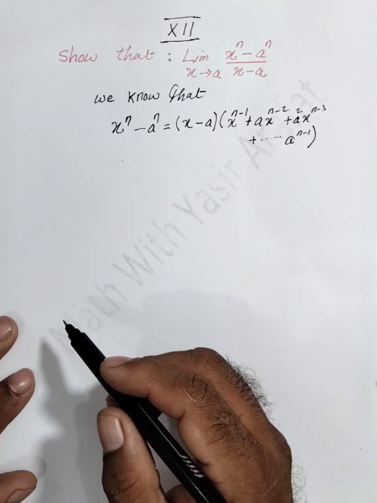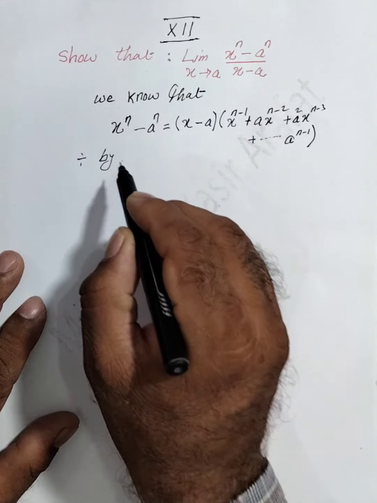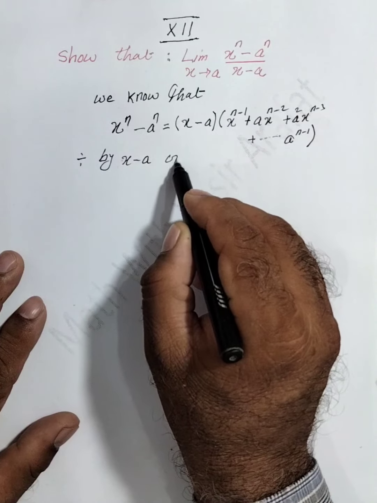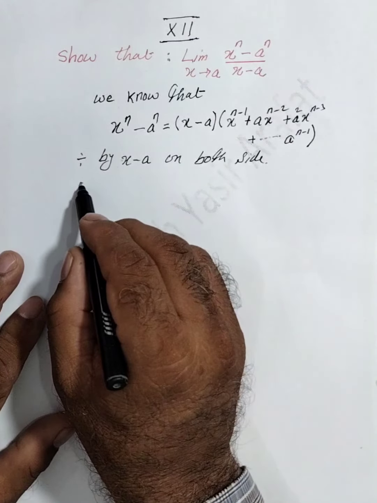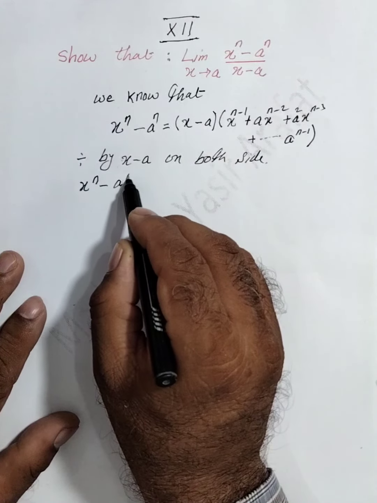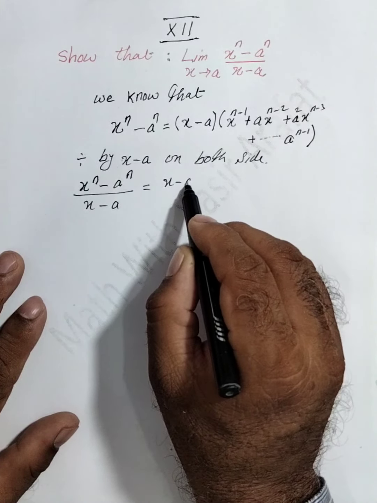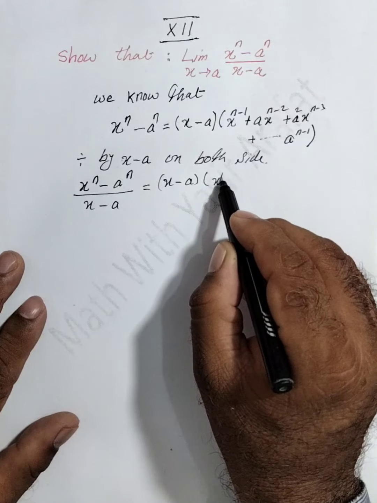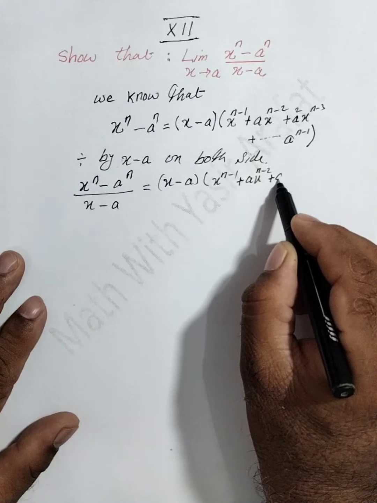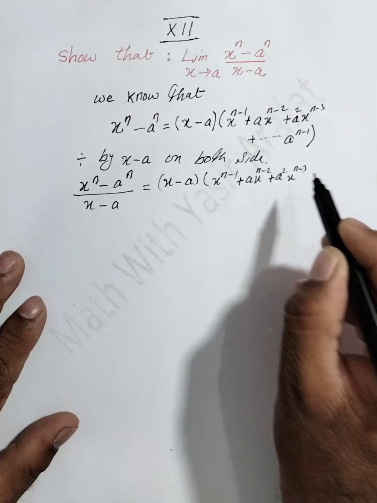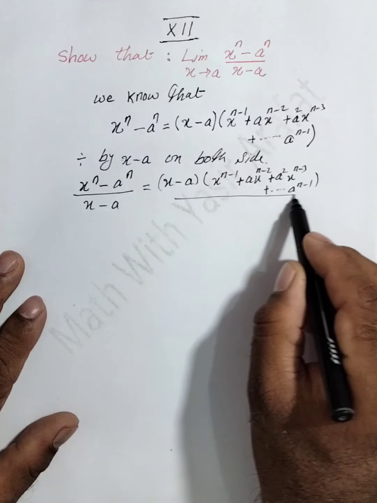Now we have to divide by x - a on both sides, that is (x^n - a^n) divided by (x - a), and this is (x - a) times (x^(n-1) + a x^(n-2) + a^2 x^(n-3) plus a^(n-1)) whole divided by x - a.